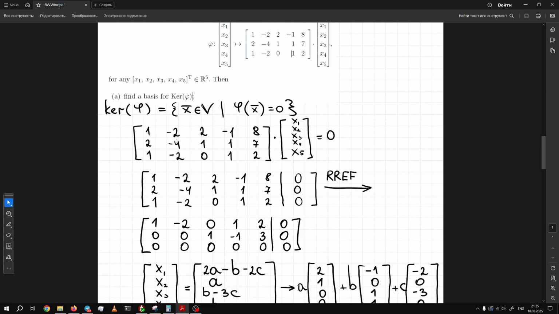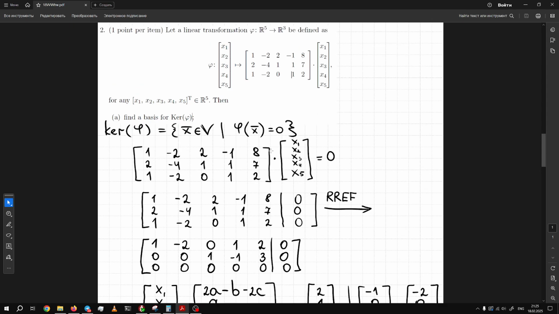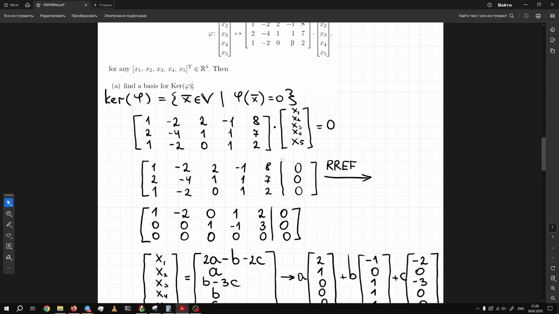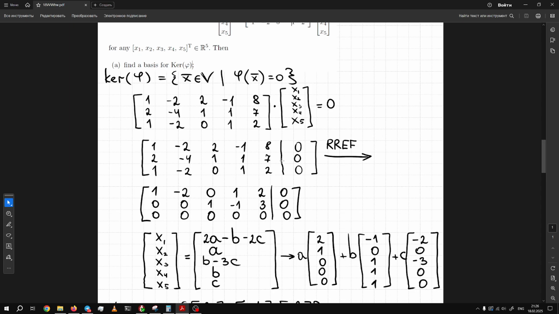So yeah, our final product is equal to 0, so we have an easy equation. So let's solve it.